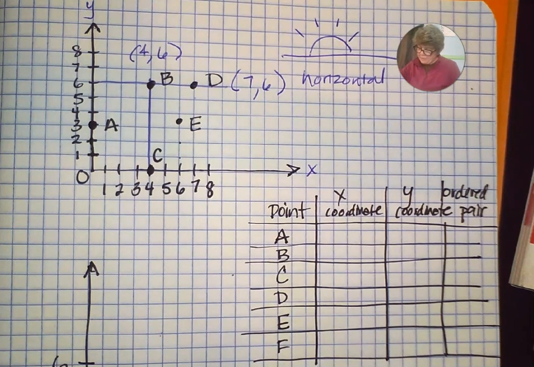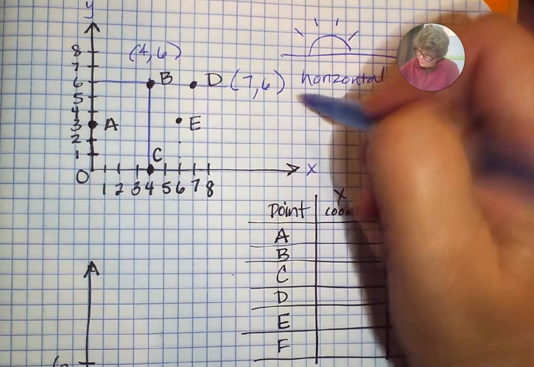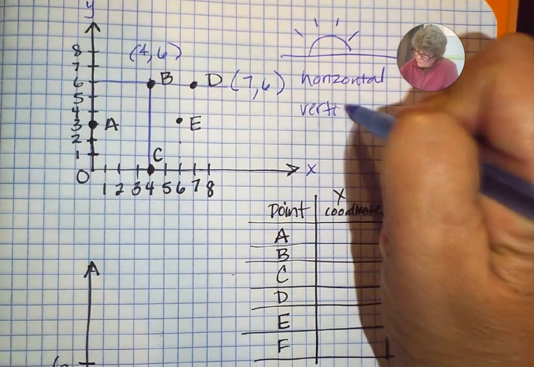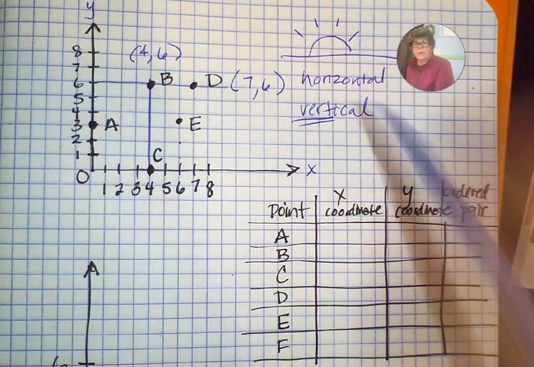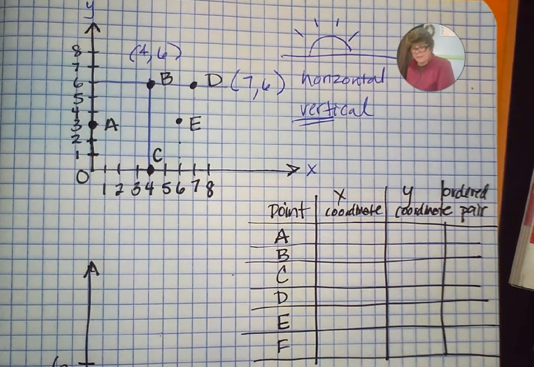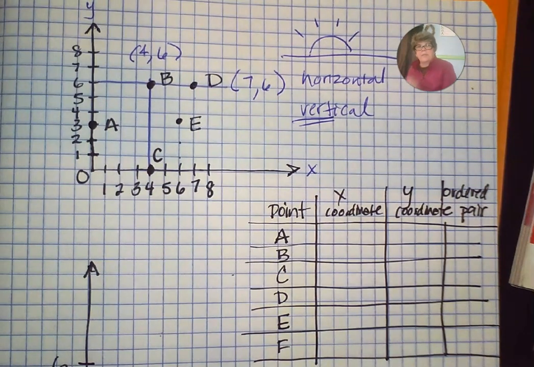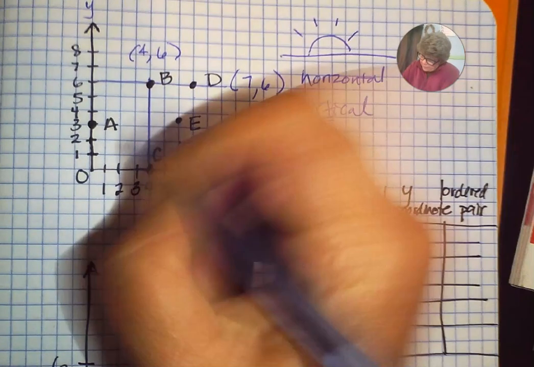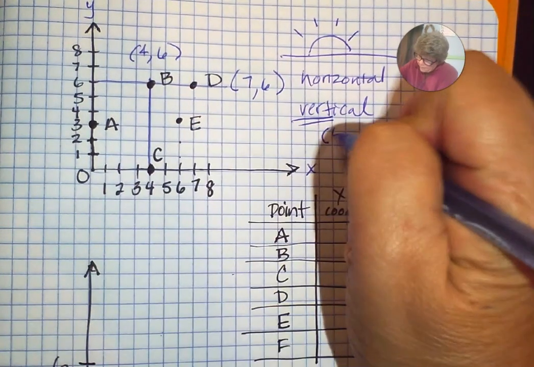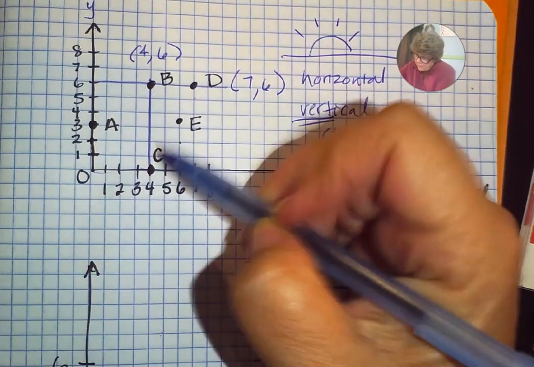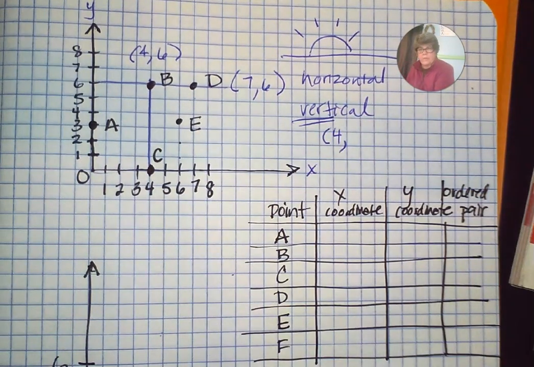All right, so B and C, they're on the same vertical line. Vertical, we talked about vert, going straight up and down like maybe a skateboarder is going to jump off a vertical wall, or a basketball player's vertical jump, right? So that means that they have the same X going across 4, and then C is not even going up at all, right?